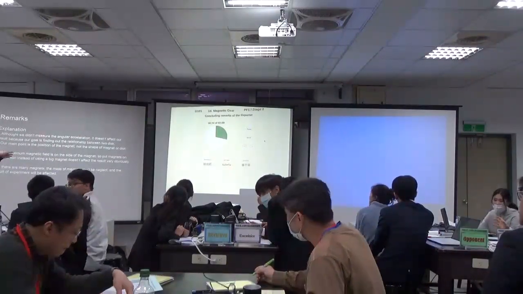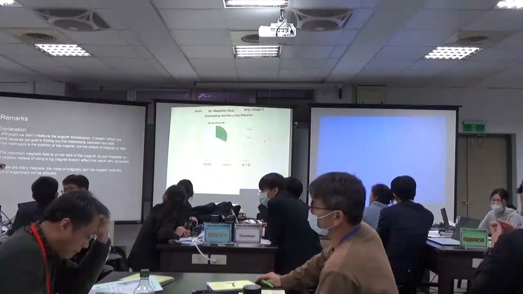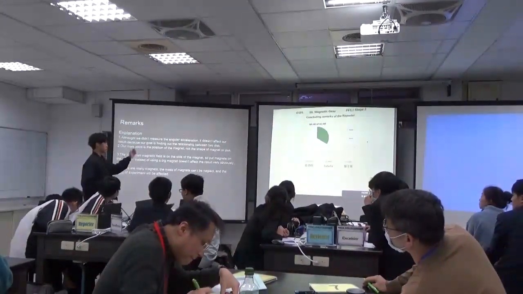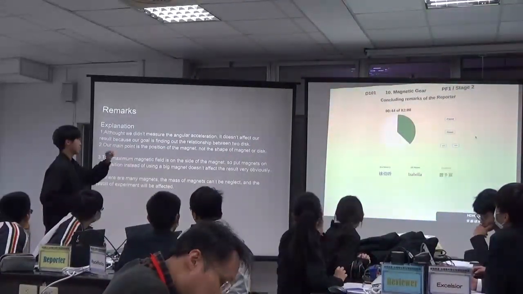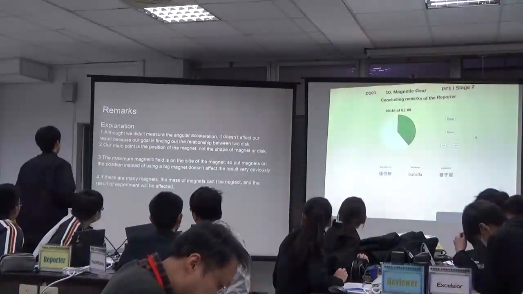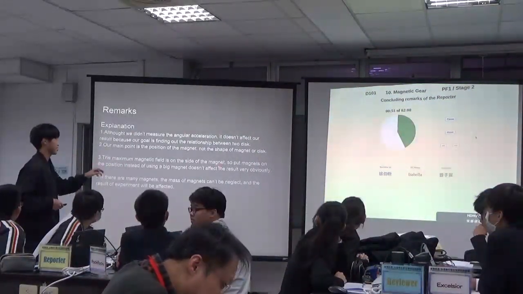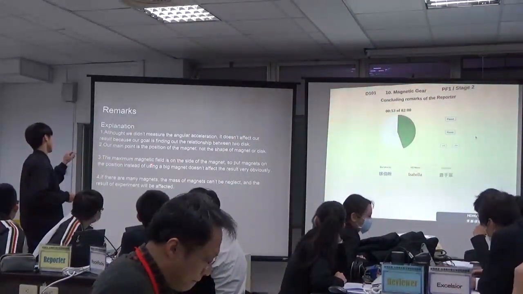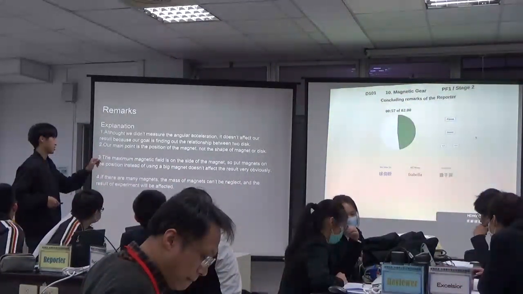Although we didn't measure the angular acceleration, it doesn't affect our result because our goal is finding the relationship between two things. And our main point is the position of the magnet, not the shape of the magnet. The maximum magnetic field is on the side of the magnet, so we put magnets at those positions instead of using a big magnet. That doesn't affect the result.